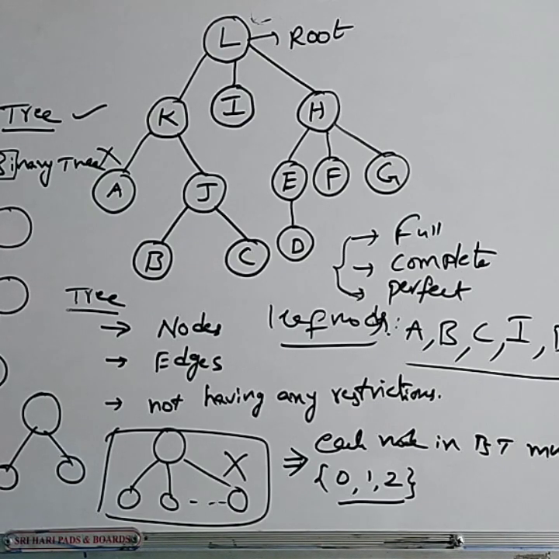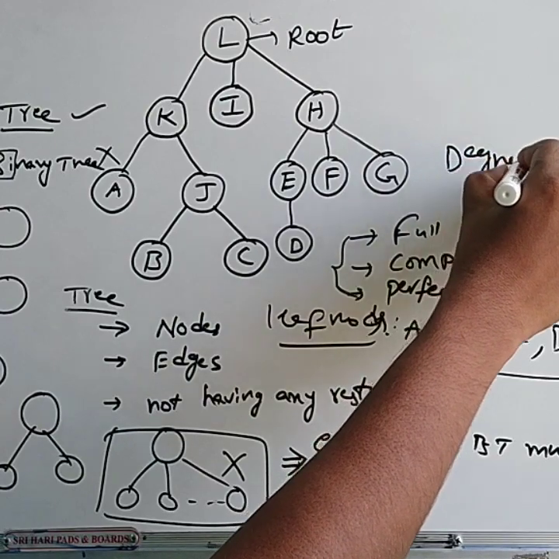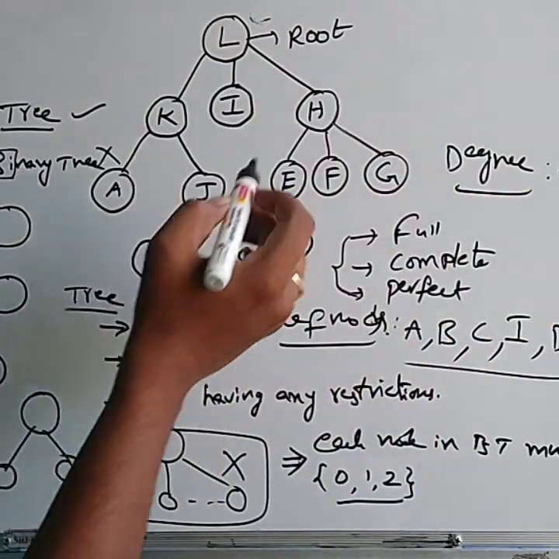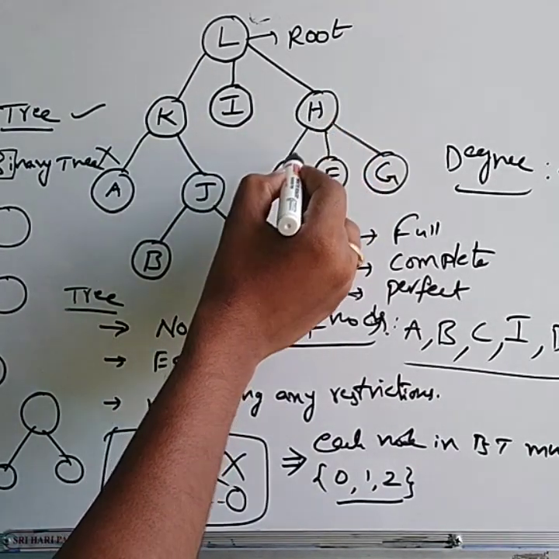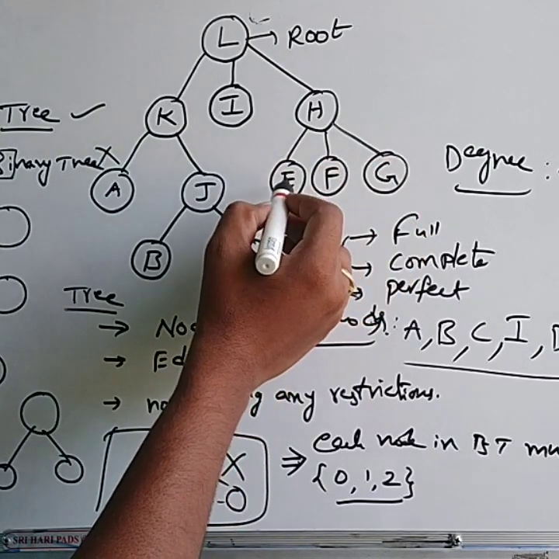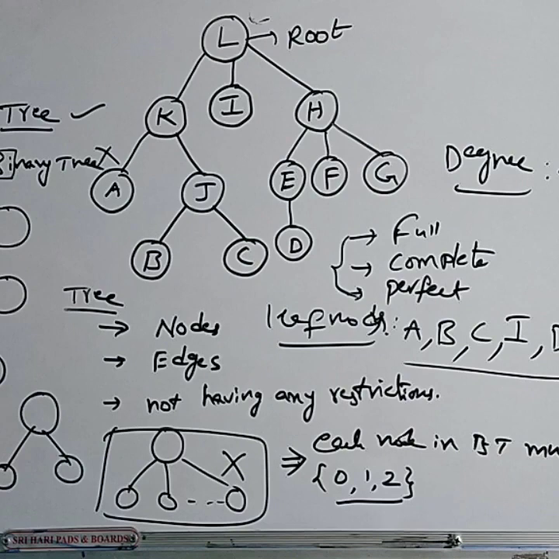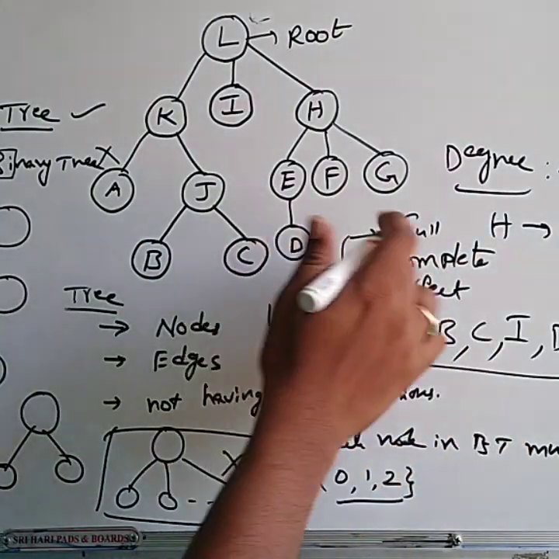Next, how to find the degree? What is meant by the degree of a node? The number of children a node has is called the degree of that node. H is a node. What is the degree of H?